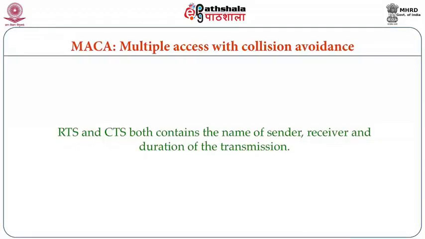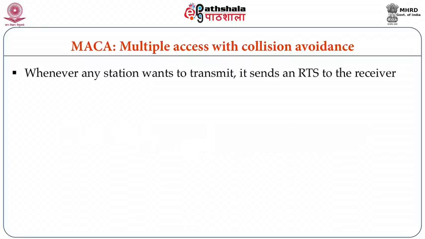RTS and CTS both contain the name of sender, receiver and the duration of transmission. We'll see how these three pieces of information help to reduce the collisions or to reduce the unnecessary wait as in the exposed terminal problem. Whenever any station wants to transmit, it sends an RTS to the receiver.